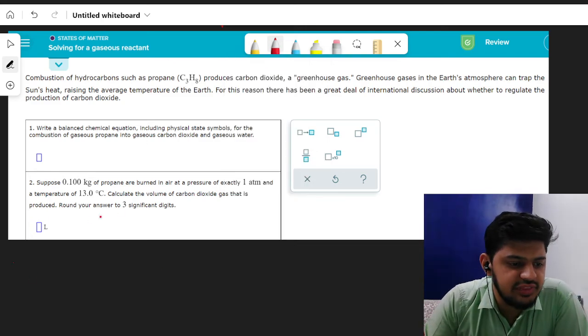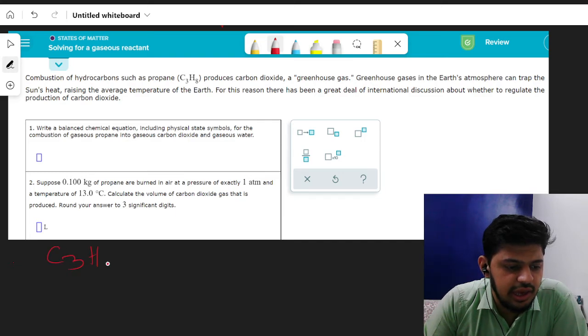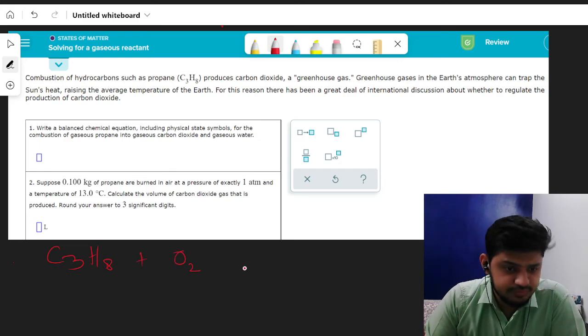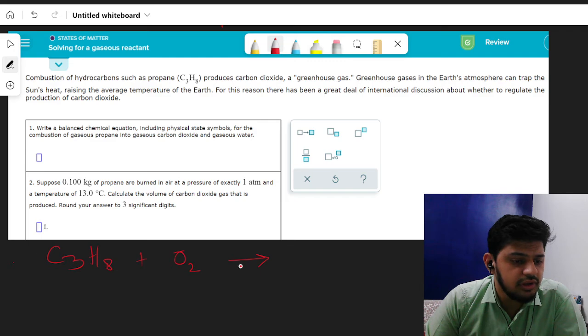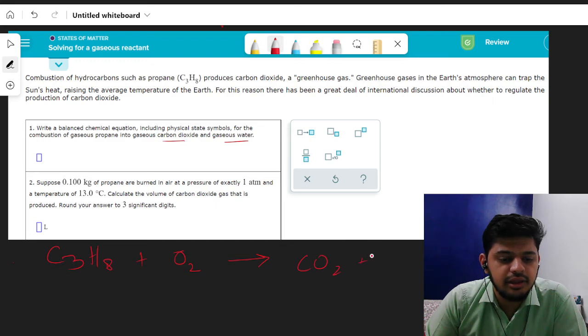So C3H8 is burning, which means it is reacting with oxygen. Whenever these types of compounds burn, you will always get two things: carbon dioxide and what? CO2 and H2O.